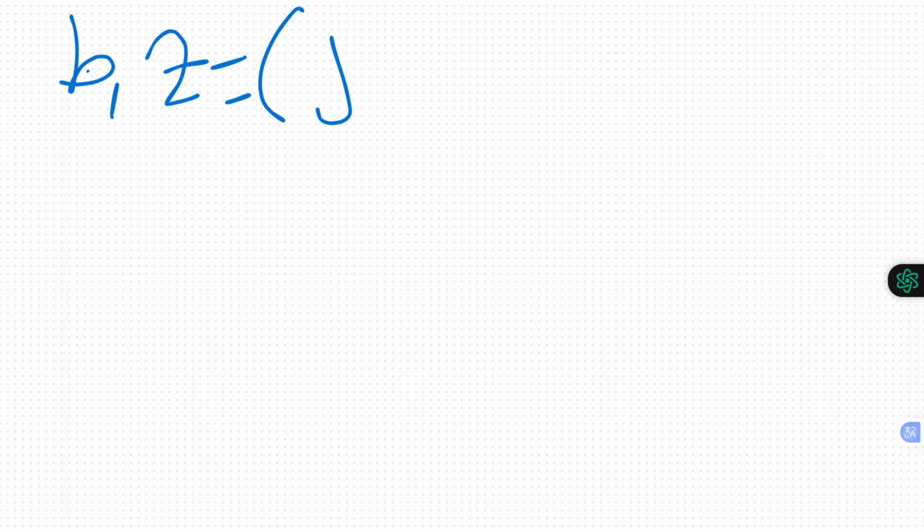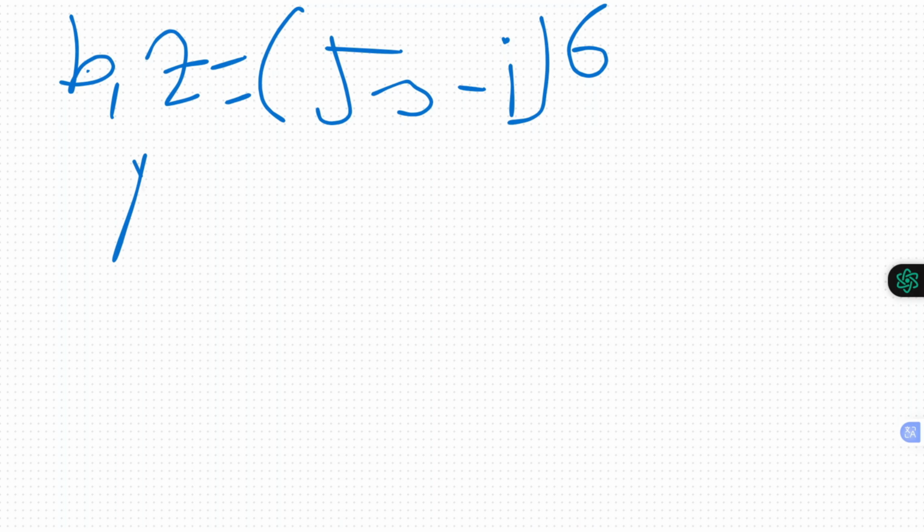Then the other example, we can take this as b. We have z, which is equal to root 3 minus i, the whole to the power of 6.